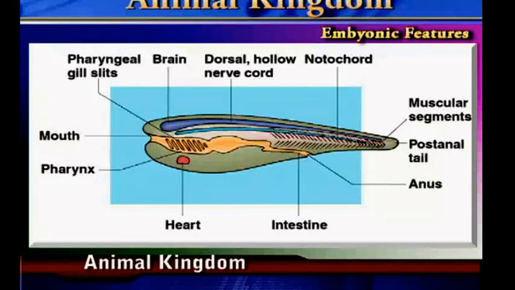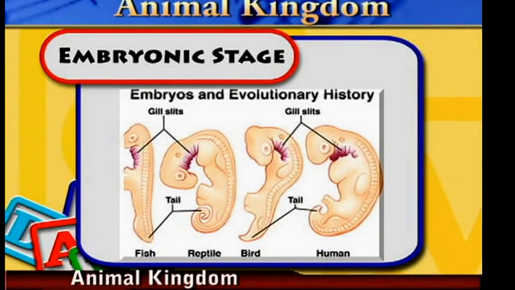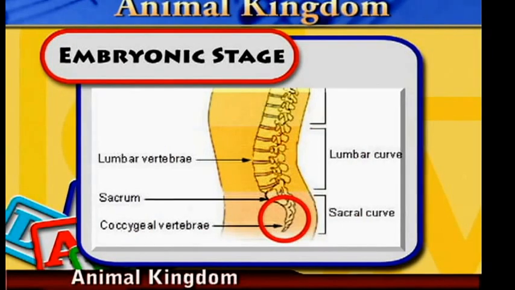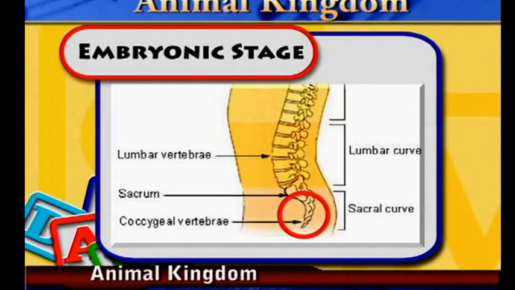All of these organisms in phylum Chordata have a tail in their embryological stage. It might be reduced in some of the organisms like man, but a small part of it is there.